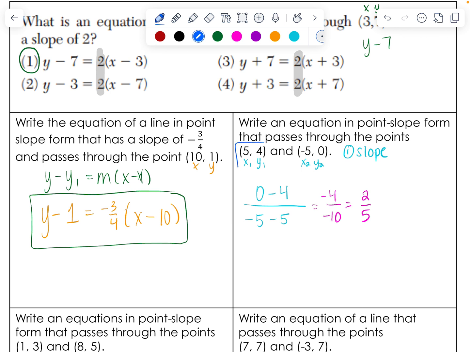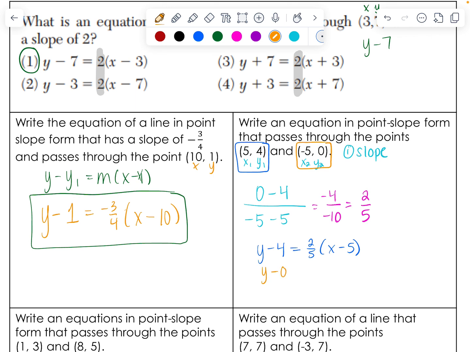So the first one is going to be, we'll use this point, and I say, okay, y minus 4 is equal to my m value times x minus 5, okay? We're just simply plugging in the numbers using the signs that are there. Let's write the second one just so you can see. Not that you'll have to write both. You'd have to write one, but I'll just show you the other one.